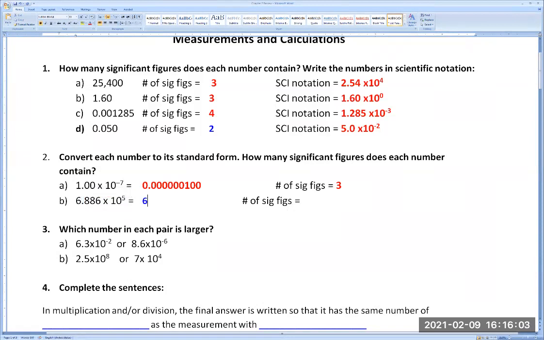So 1 time, 2 times, 3 times, 4 times, 5 times. This way I've moved the decimal point 5 times to the right to make this a larger number. And this way I have the regular notation here.